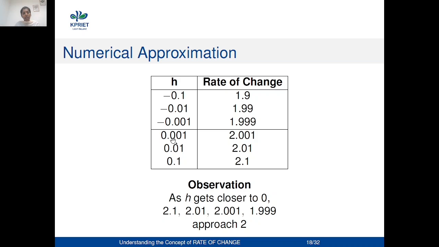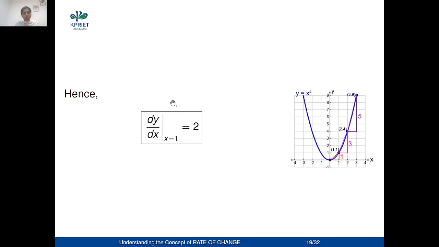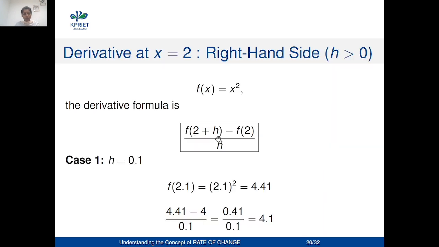And here in the right hand side, if my positive h value converges to 0, my right hand side limits are converging to 2. So the numerical approximation based on the formula gives the answer 2 at the point x is equal to 1. So this is the rate of change of the function y equal to x square at the point x is equal to 1, which gives the answer as 2.